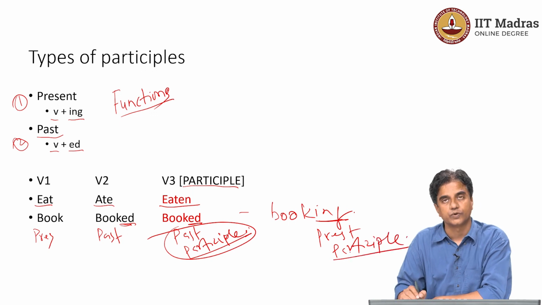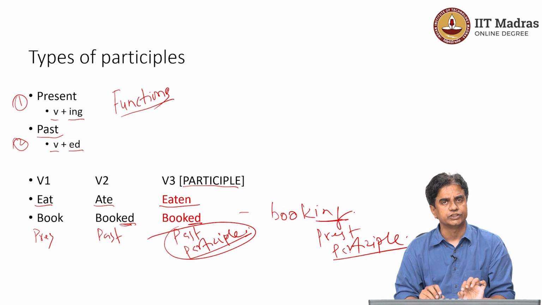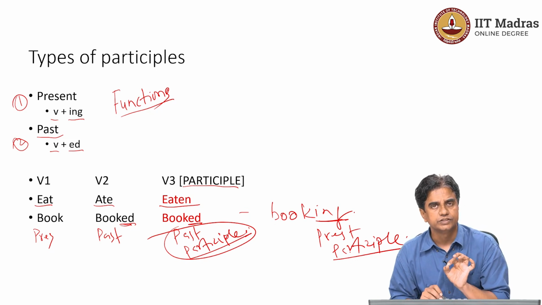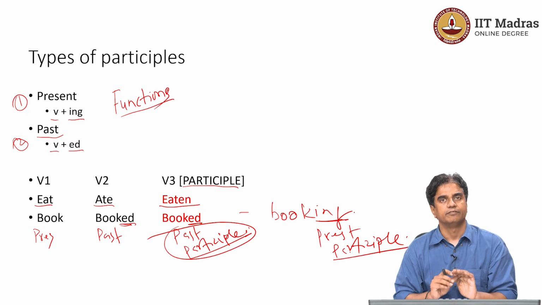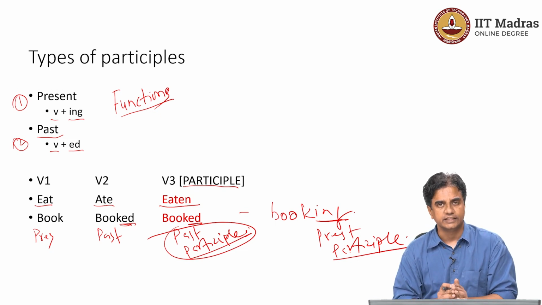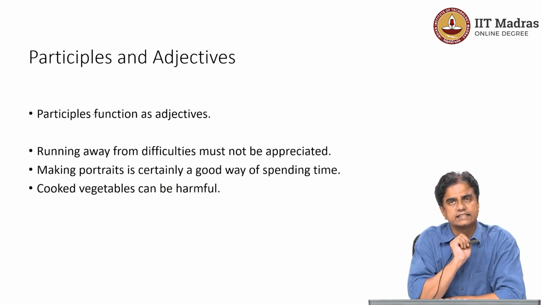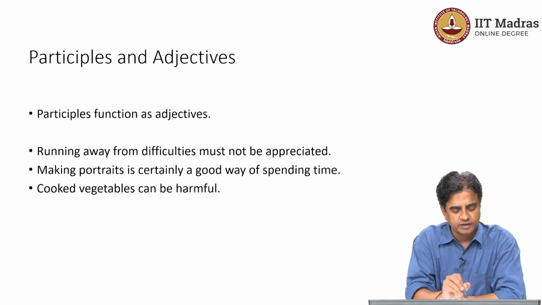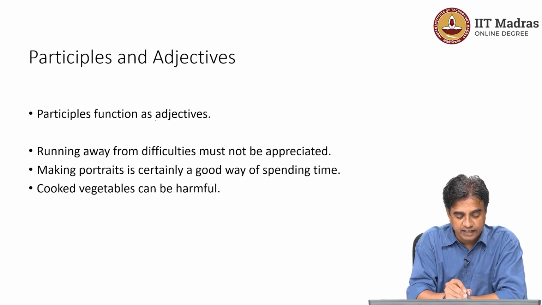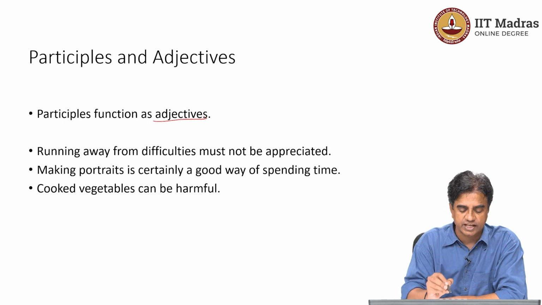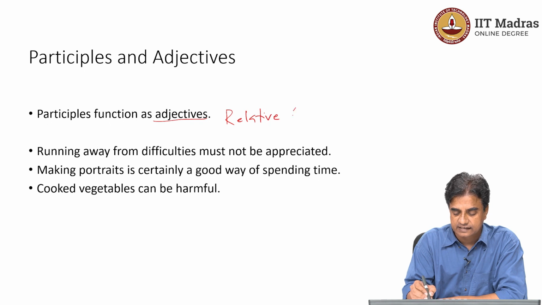I still want to underline that these have very little to do with tense, probably nothing to do with tense. They have a completely different function in a sentence. We can categorically say participles function as adjectives, just as relative clauses function as adjectives.